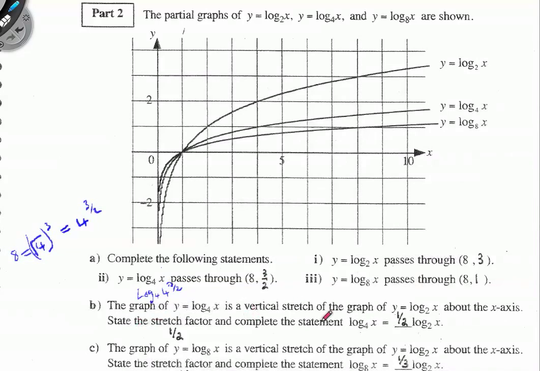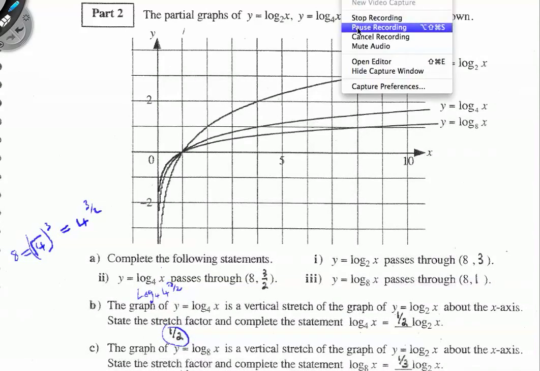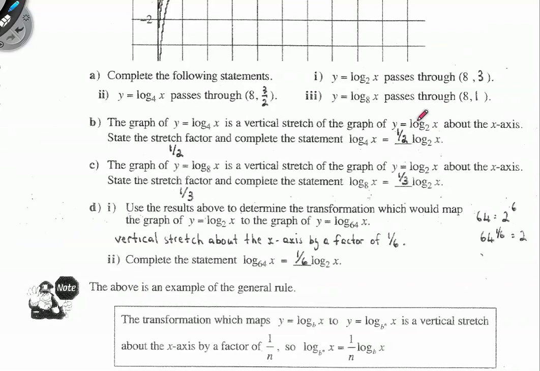Well, it's really a half. Log x base 4 is really a half log x base 2. So the stretch factor would be a half. So in going from 3 to 3 over 2, we've just basically divided this by 2 in going from here to here.